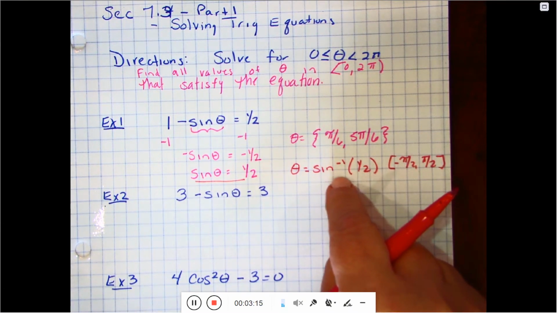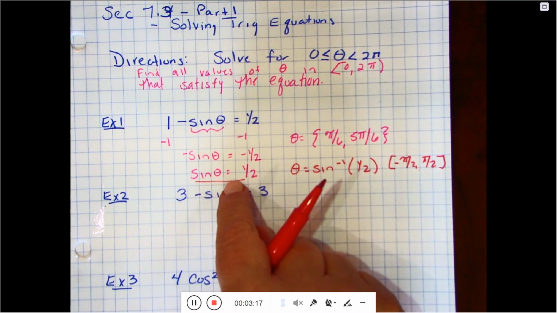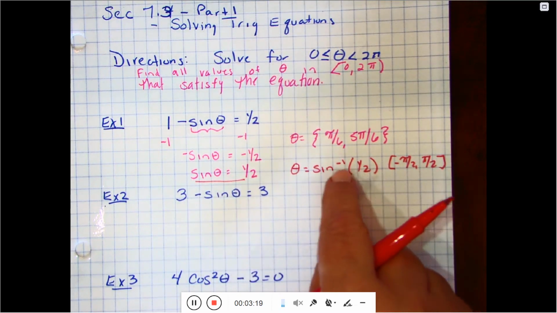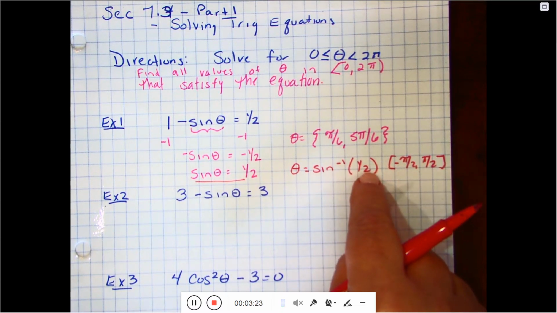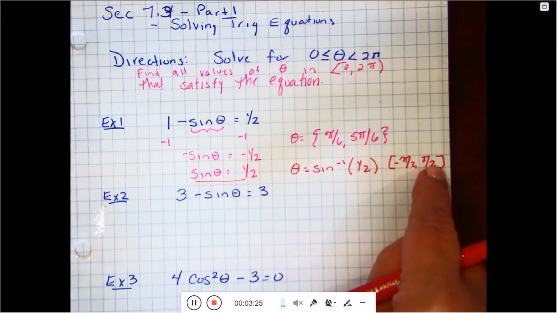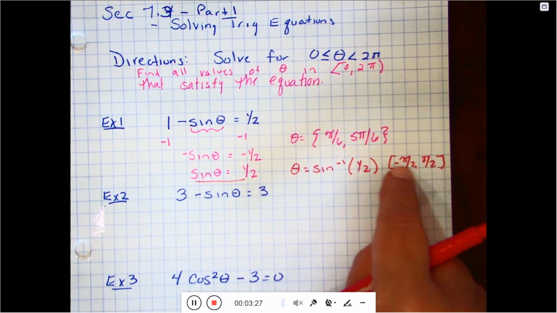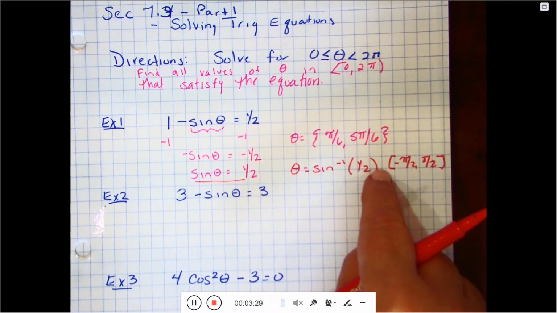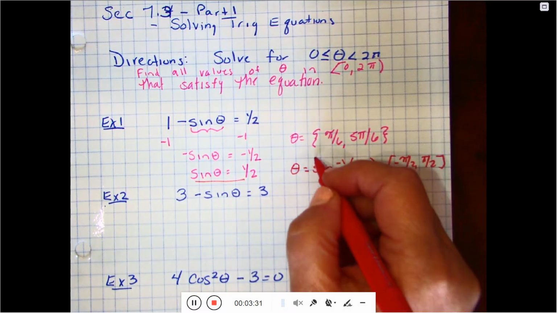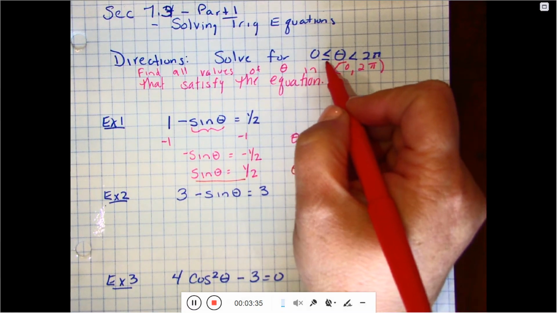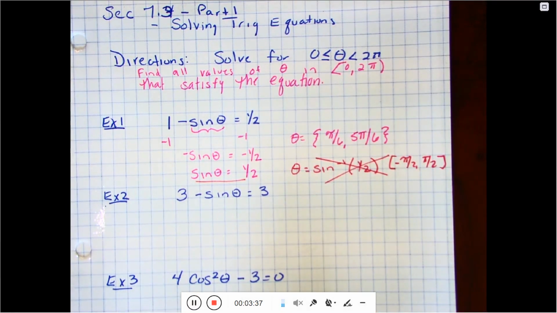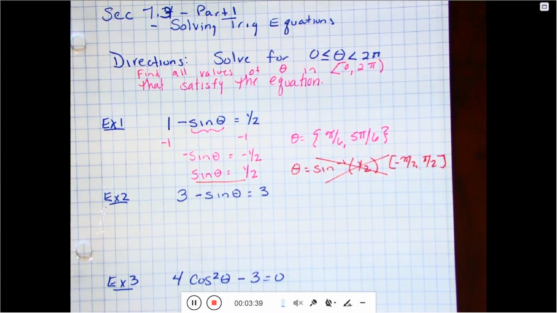This is a very different statement than this. When you use the sine inverse notation, it's saying find all the values between negative pi over 2 and pi over 2 where the sine is 1/2. And that's not what we're doing here. The directions are very specific in that I want all the values between 0 and 2 pi. So I don't really like using the inverse notation here in these problems.